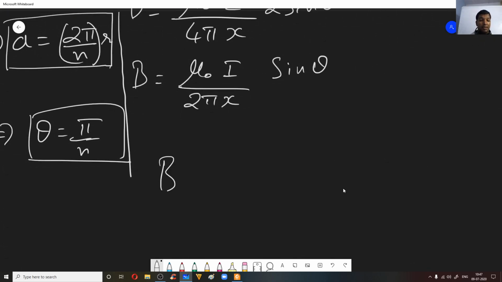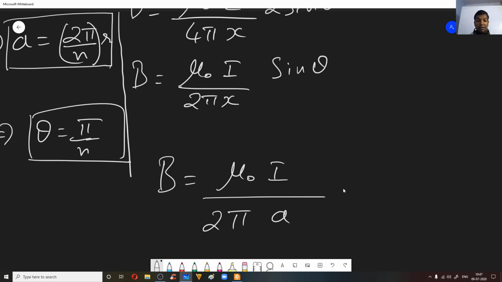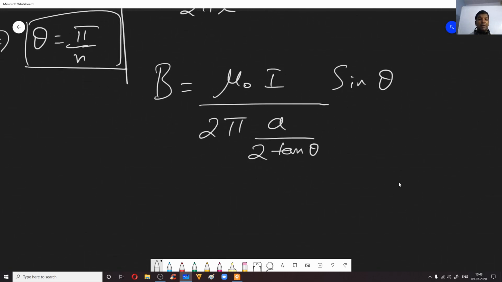So B is equal to mu naught I divided by 2 pi. Now x we got as a divided by 2 tan theta. Then for sine theta, let us keep it as sine theta for now. If you do some arrangements here, 2 and 2 will get cancelled.